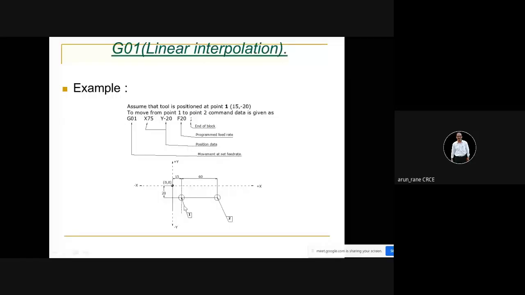Just to give an example of G01, this has been quoted: G01, X75, Y minus 20, F20. But in practice, when you are actually doing the drilling, G00 will be the right code.